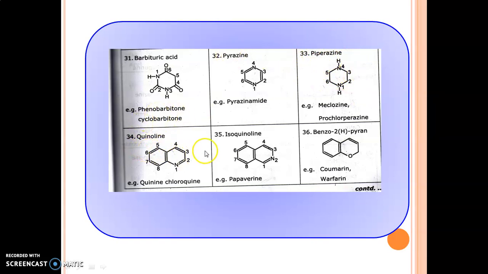Next ring is quinoline. It is a fused ring system. In this, benzene ring is fused with pyridine. Next is isoquinoline. In this, benzene ring is fused with pyridine, but the nitrogen is not at one position. It is shifted at iso position, that is at 2 position. Next ring is benzo-2-pyrone ring.